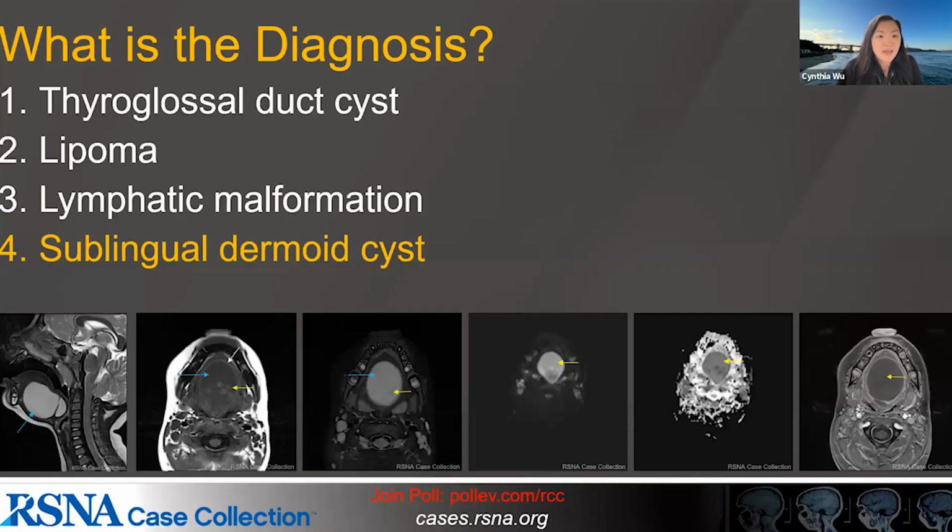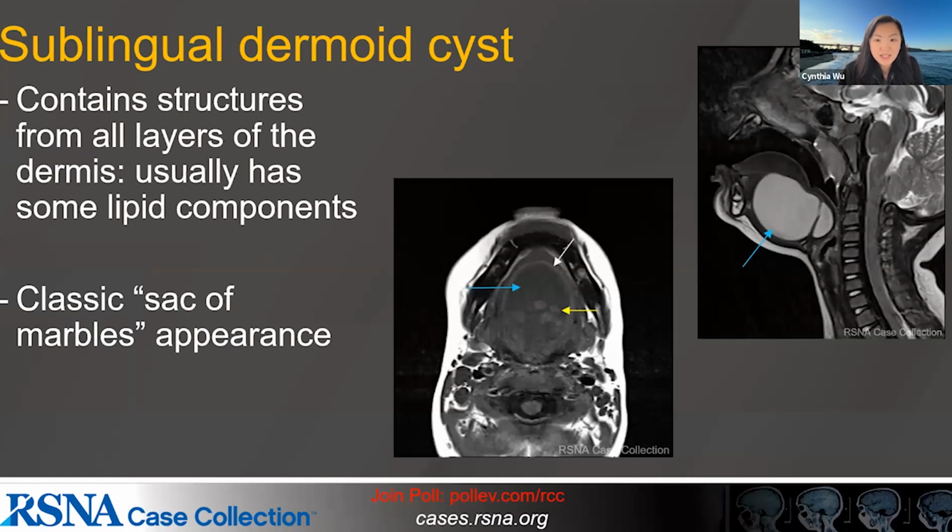Next slide, please. What we see here is that the sublingual dermoid cyst, like dermoid cysts anywhere else, arises from an ectodermal rest that is in essentially the wrong place. And being a dermoid cyst, it contains structures from all layers of the dermis, and it usually has some lipid or fatty components that come from the sebum that you have in your dermis normally. So this is not true adipose tissue.